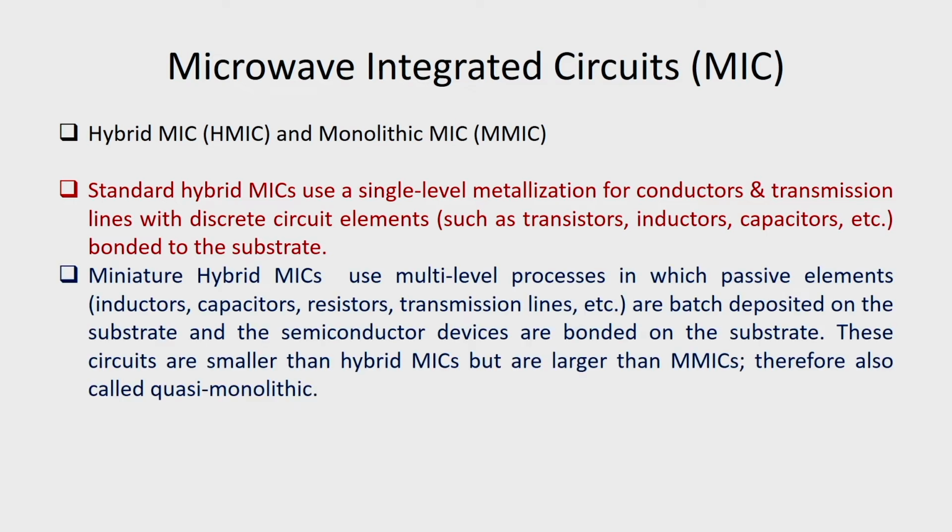Miniature hybrid MICs are multilevel processes in which passive elements, inductors, capacitors, resistors, transmission lines, etc. are batch deposited on the substrate and the semiconductor devices are bonded on the substrate.